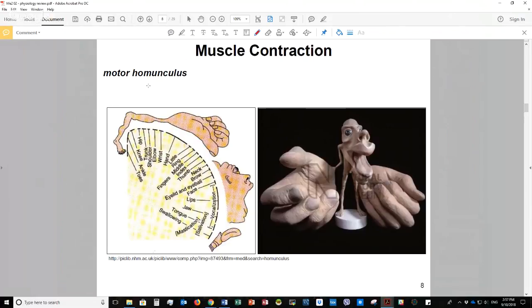A homunculus is a representation of that mapping in the cortex, where different features of the body are larger for those that have the largest map on the cortex, and others are smallest. So you can see here, there's not a lot of neurons dedicated to moving the wrist, or at least the end.